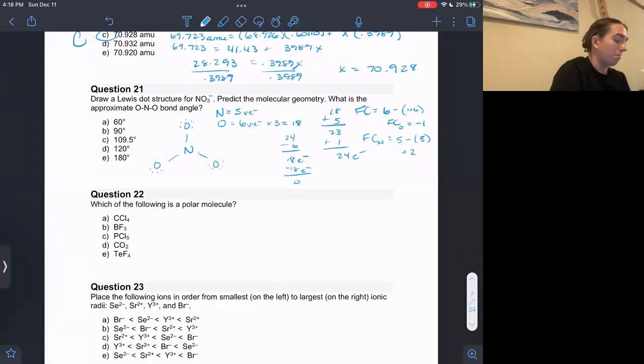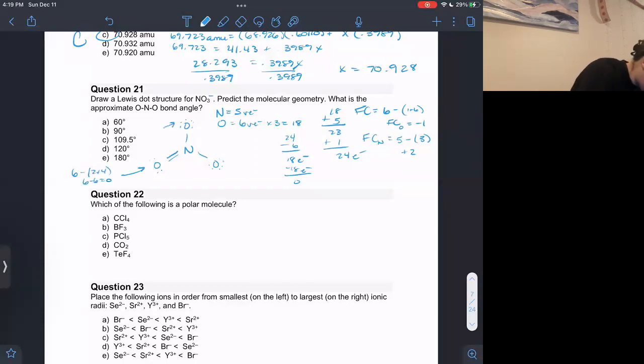Okay, so having a -1, -1, -1, and +2 is not good. So we're going to take one of these lone pairs down here and we'll make it a double bond. Yeah, that looks good. So now all of them have a complete octet. If we were to solve this formal charge, this would be 6 minus 2 bonds, 4 electrons. 6 minus 6 is 0.